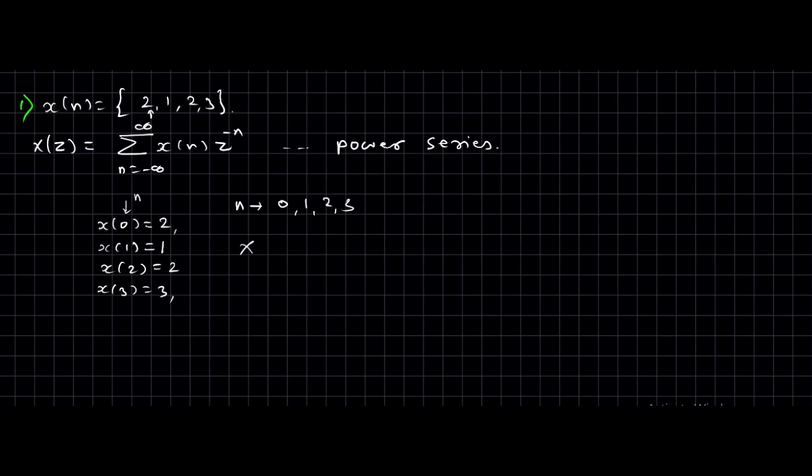So X of z is equal to x of 0 z raised to minus 0 plus x of 1 z raised to minus 1 plus x of 2 z raised to minus 2 plus x of 3 z raised to minus 3. So it is a finite sequence and n finishes at n equal to 3. So 4 samples, 1, 2, 3 and 4 we have.